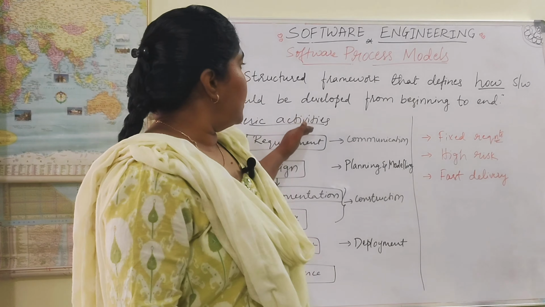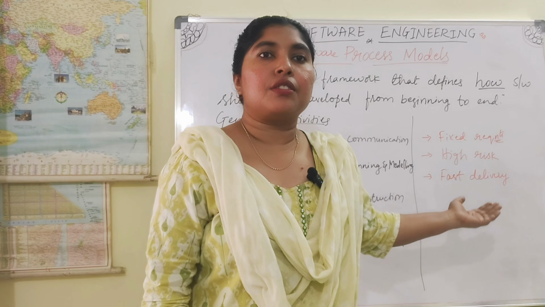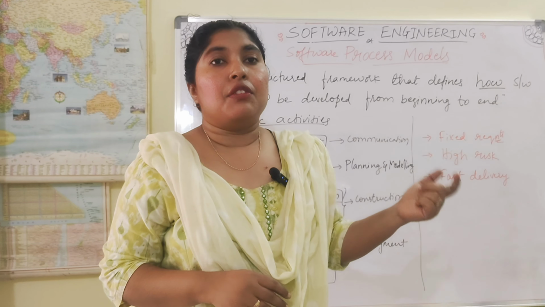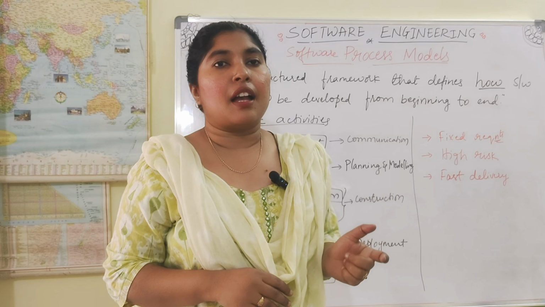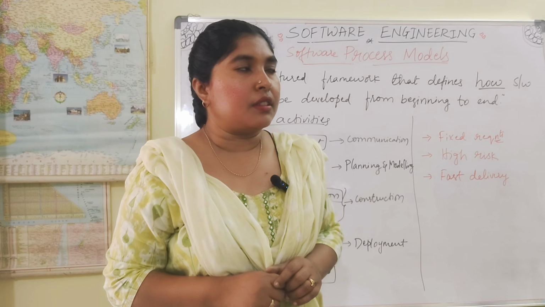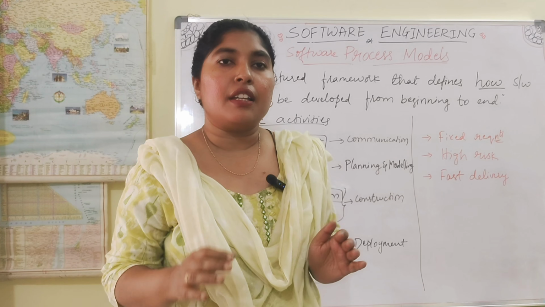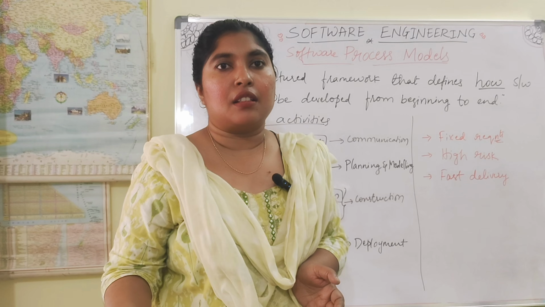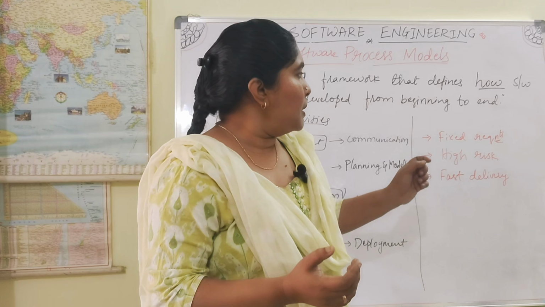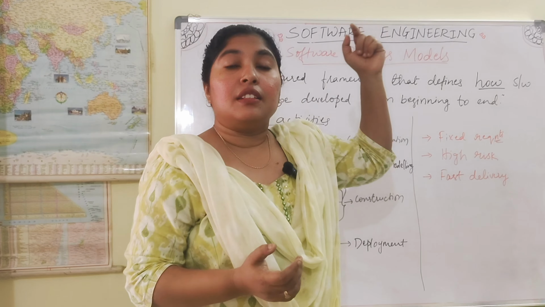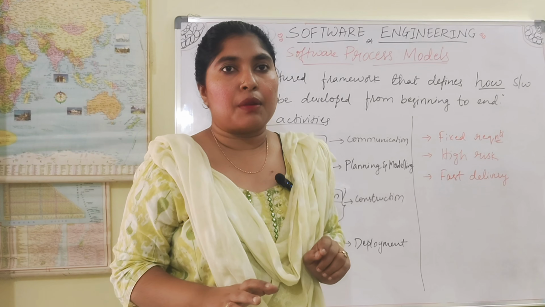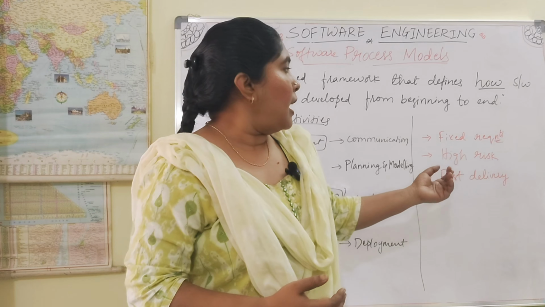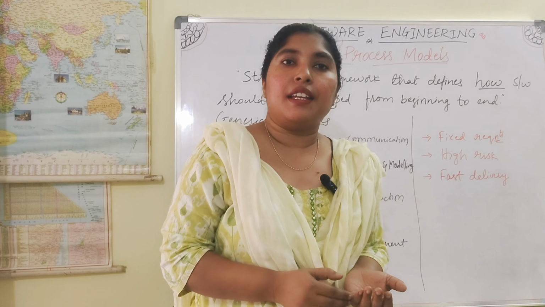I have said the generic activities, and almost all projects should follow these steps. I have given prescriptive, evolutionary, specialized and agile process models. And every project is different. A small college or university project differs from banking software. Similarly, some projects have fixed requirements, some projects change the requirements more often, and some projects have high risk while for others the risk is minimal.